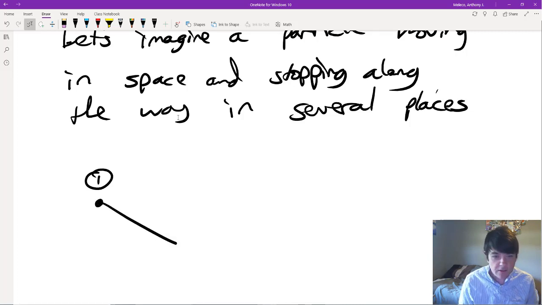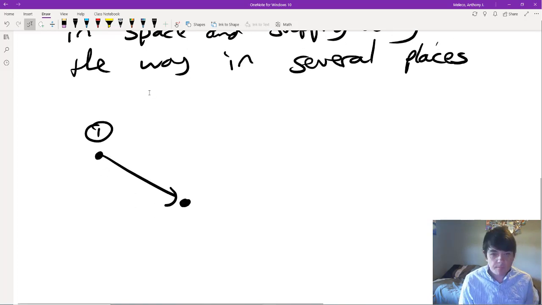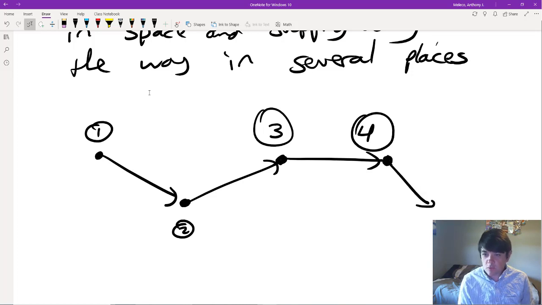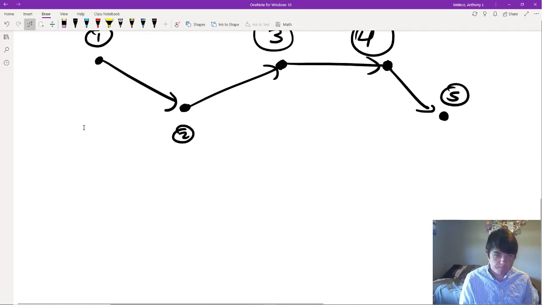The particle then moves to place 2. It then moves to place 3, then it moves to place 4, and then it moves to place 5. So you've got some particle starting at 1, goes from 1 to 2, 2 to 3, 3 to 4, 4 to 5.